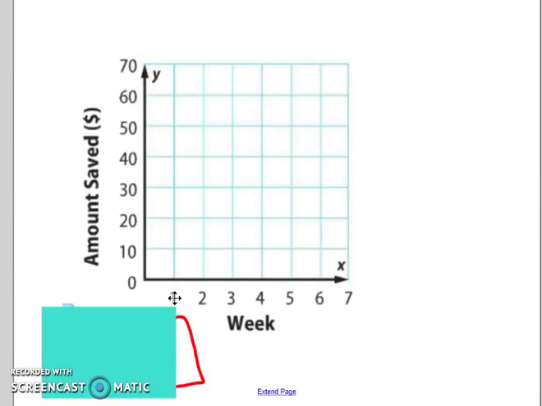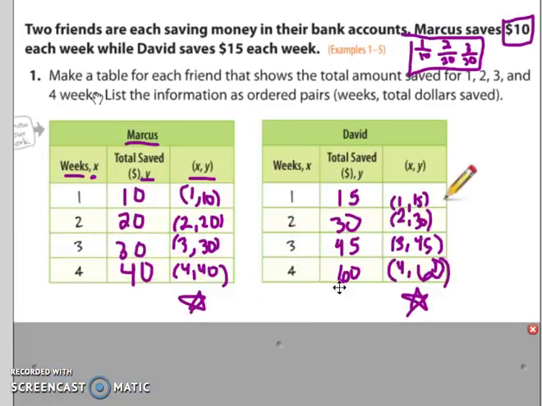Now don't forget, along with your labels, you need to have your increments labeled. On our x-axis for weeks, we're going by ones: first week, second week, third week, fourth week. But for our y-axis, it doesn't make much sense to go by ones, because on our table we got all the way to 60.